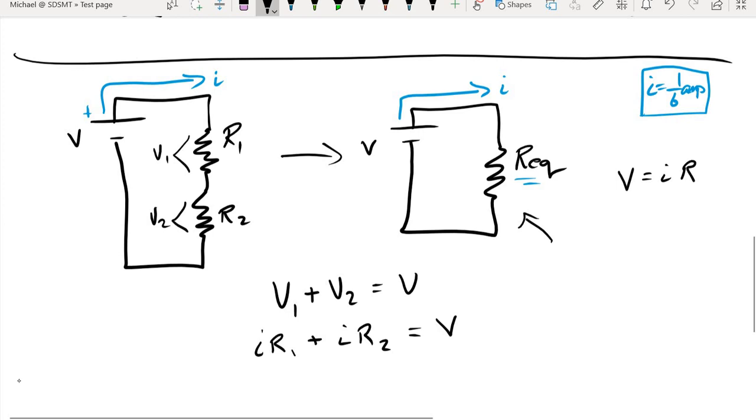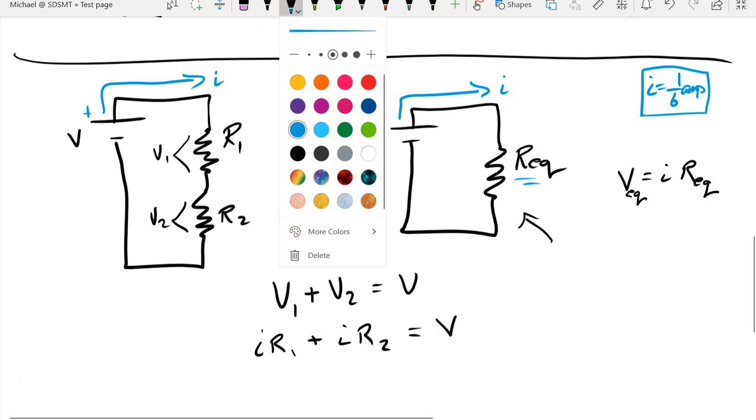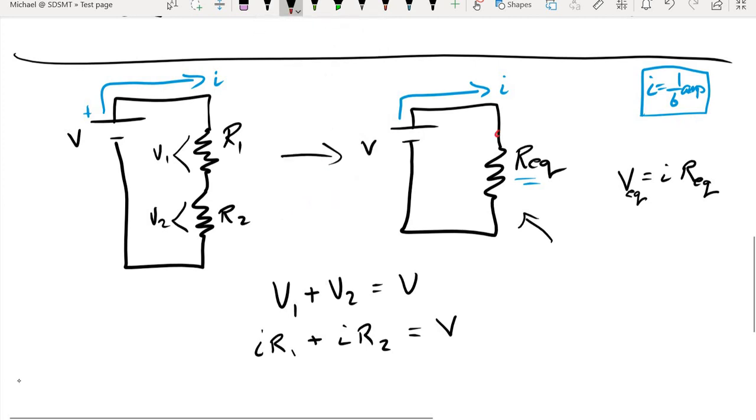Well, Ohm's law says that I have current I running through the equivalent resistor, and that would equal the potential across the equivalent resistor, except the points on either side of that equivalent resistor are connected directly to either side of the battery. And so the potential difference across our equivalent resistor is actually the potential of the battery.